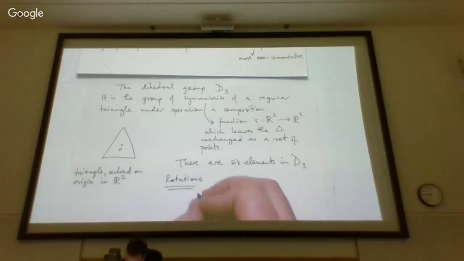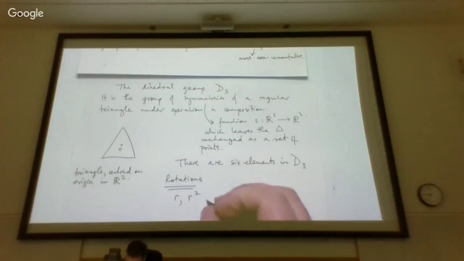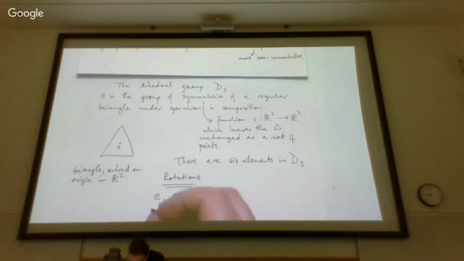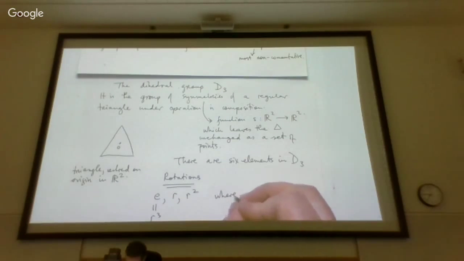So there are rotations. So R and R squared, and we'll include E, the identity, in there, which is also equal to R cubed. So this is where R is rotation about the origin. And let's make it specific by 2 pi over 3 radians.